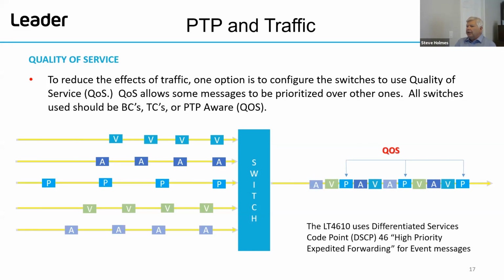You want to be able to put on QoS, and most PTP sources will put out a differentiated services code point of 46 saying this is a high priority message, and it has expedited forwarding to get in front, and that way your PTP messages will stay in order and be as close as possible to the actual time in which they were actually time-stamped.